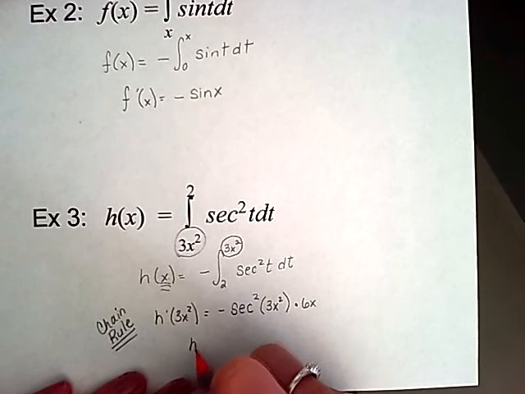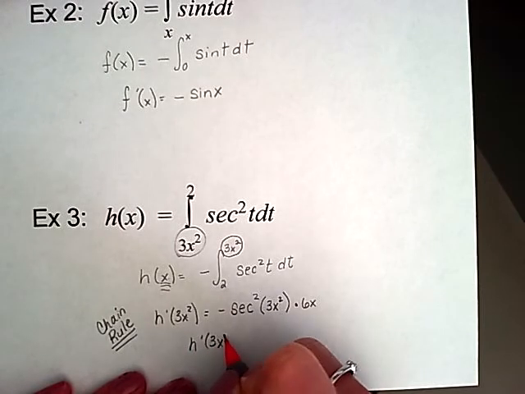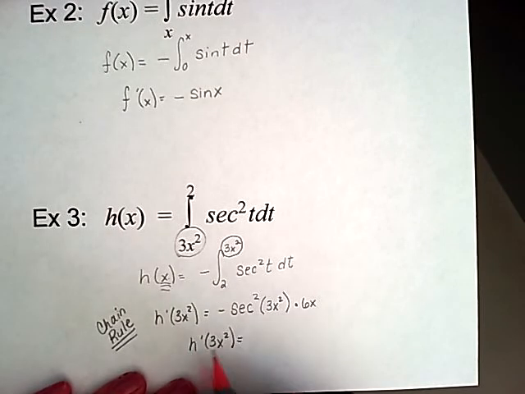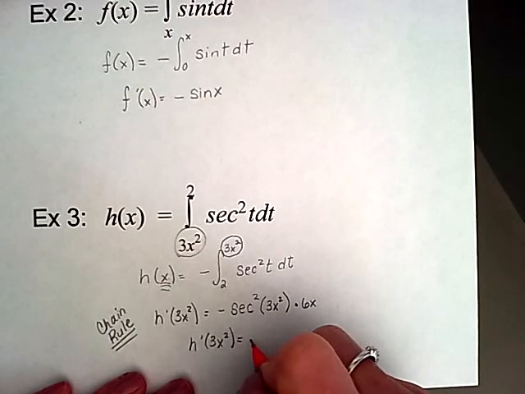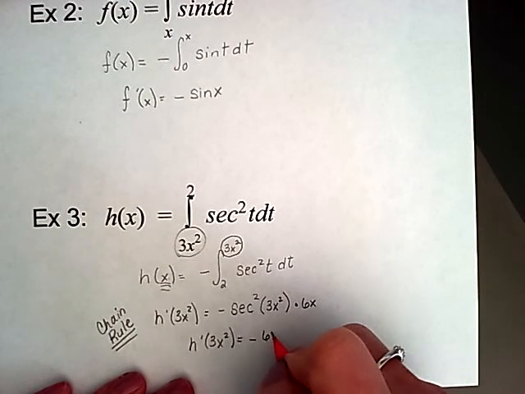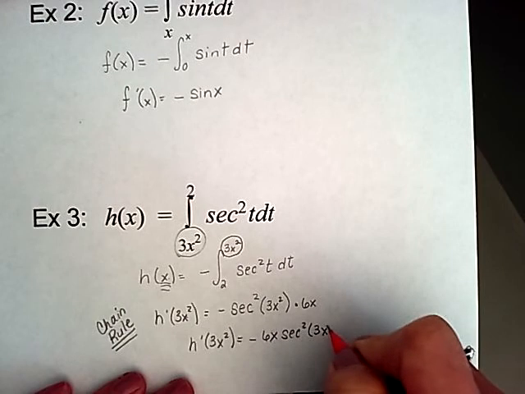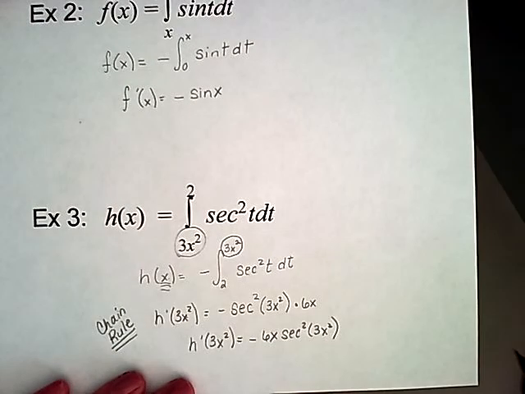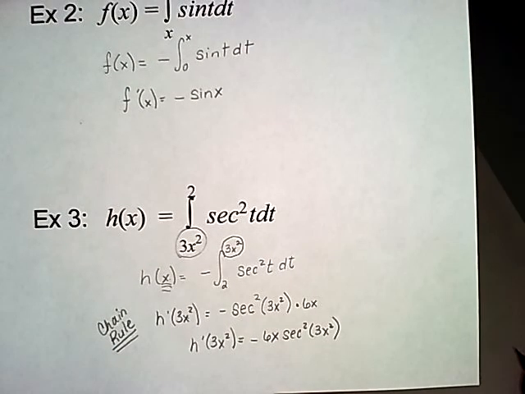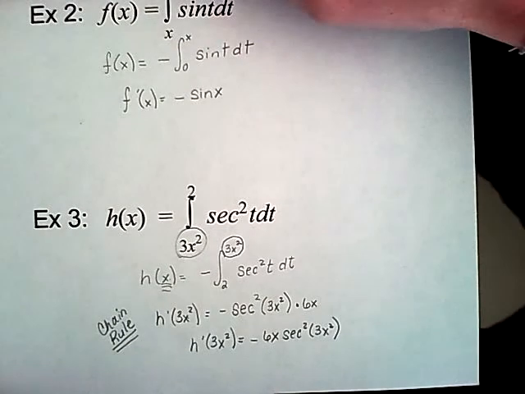So with a quick simplification process, I find that my derivative of 3x squared gives me negative 6x secant squared of 3x squared. And that's how the Fundamental Theorem of Calculus Part 1 is used.